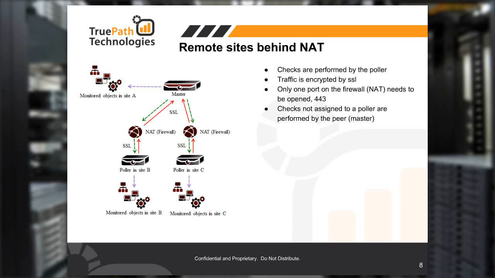And on the bottom right, you can see that we have another firewall with SSL in polar site C. Now the cool thing is the firewall only needs to open up 443. Any checks that are not assigned to any of the polars are actually performed by the peer or the master. So you can get some pretty intricate pollings going back and forth, but this is a nice example of how you might have one data center monitoring its local nodes and two remote sites through a NAT firewall monitoring their sites, both B and C.